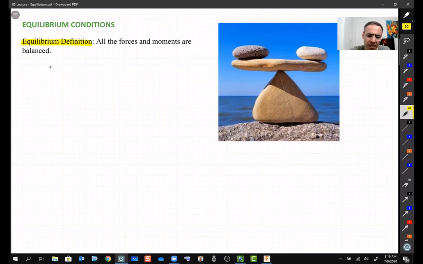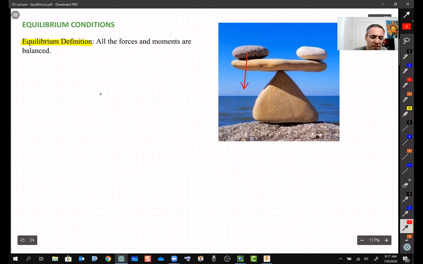So if I turn this definition into mathematical equations, it is called the equilibrium condition or equilibrium equation. Like, let's see in this image that I'm showing here on the right side, we have a bunch of stones and this nice triangular shaped stone. Somebody somehow could balance it on the top of this stone. So we know, let's say this stone has a weight, and this one also has another weight. Maybe that's the center of gravity of the first one, and this one is the center of gravity of the second one.